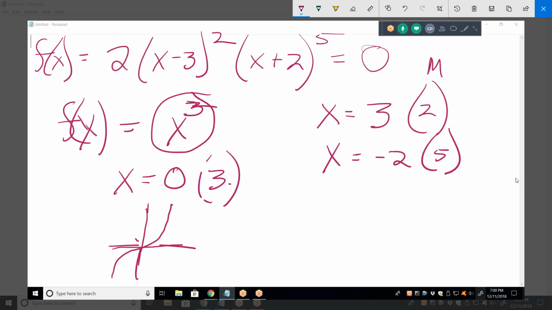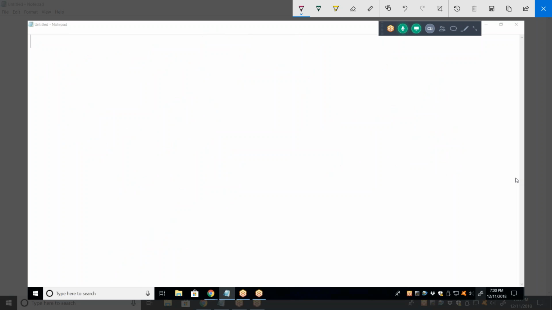Whenever your multiplicity is 2, or even, then it's going to bounce off. Okay. Is that it for this problem, or did they need to know anything else? I think that was all, yeah. Okay.